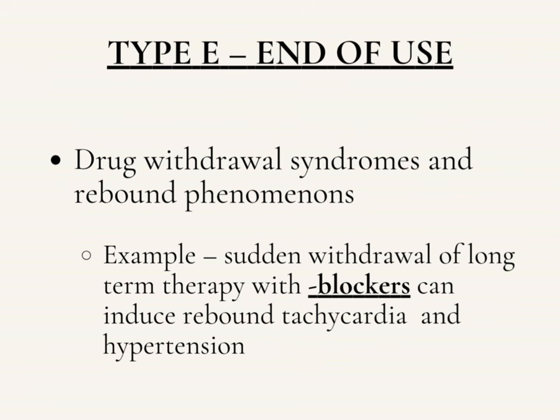For example, if a patient suddenly stops taking beta blockers after long-term therapy, they may develop rebound tachycardia and hypertension. Similarly, abruptly stopping corticosteroids may result in adrenal insufficiency. Therefore, medicines such as beta blockers, corticosteroids, and benzodiazepines should always be withdrawn gradually under medical supervision. Never advise patients to stop long-term medication abruptly unless instructed by their physician.